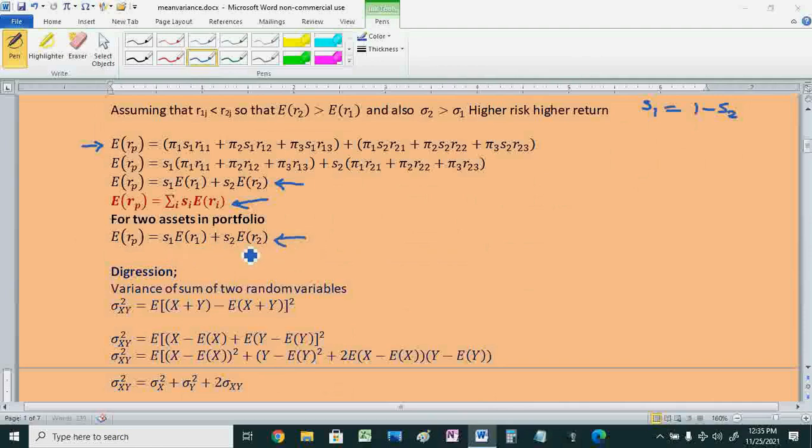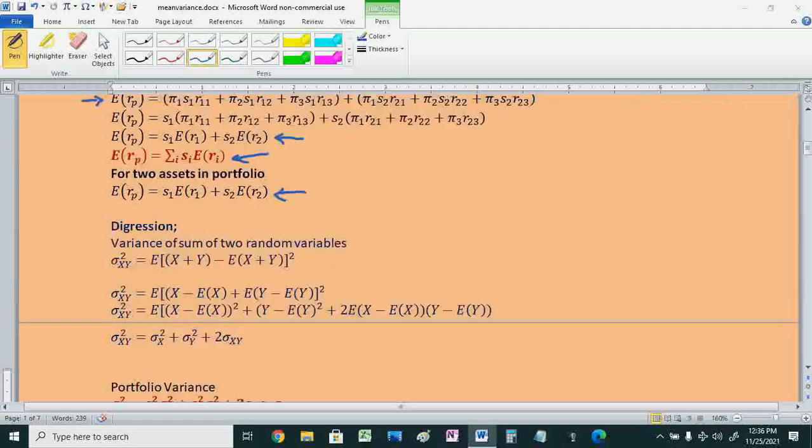Expected return on portfolio. Then the next thing is to see the variance of a portfolio. Again, remember that while the variance of each asset is constant, the variance of portfolio will keep on changing as S1 and S2 change.